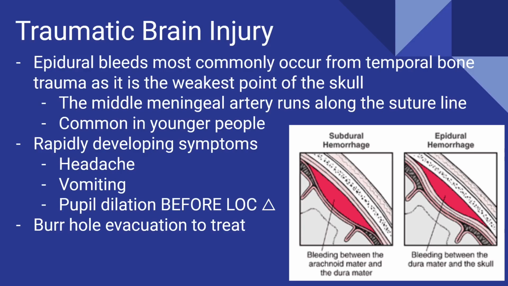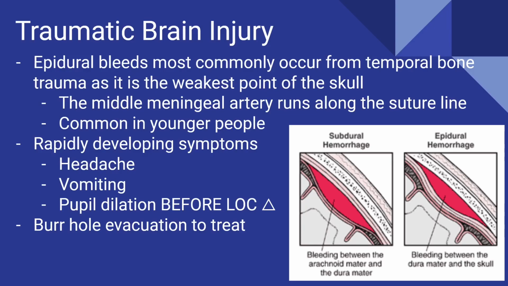And in this case, because the bleeding is lower along that temporal line, you can sometimes see pupillary changes before level of consciousness changes, right? We talked about where that parasympathetic innervation for our pupils comes from, and our consciousness centers are above that. So if you're having a shift lower in your brain laterally, then you could potentially see pupillary change first.